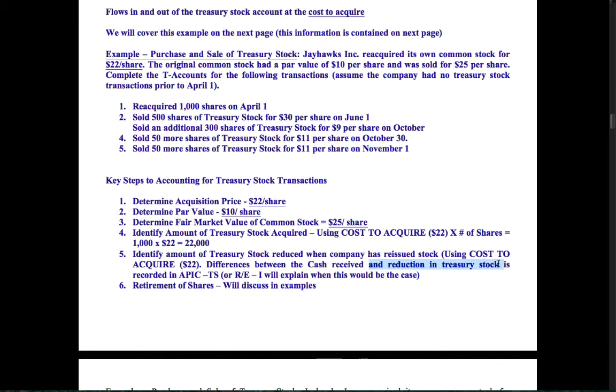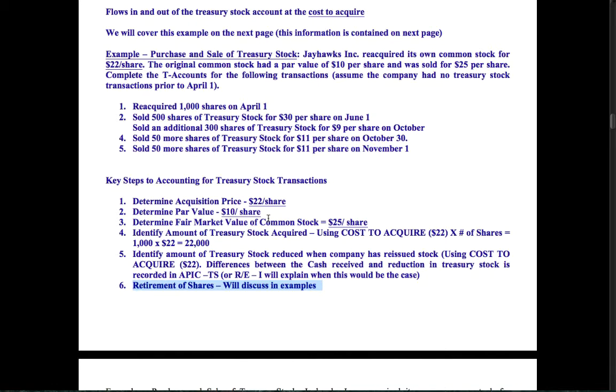So that additional $8 per share is recorded in the additional paid in capital for treasury stock. And then the last key step will be if there are retirement of any shares. And we will discuss that in the next page in the example that we're getting ready to work through.